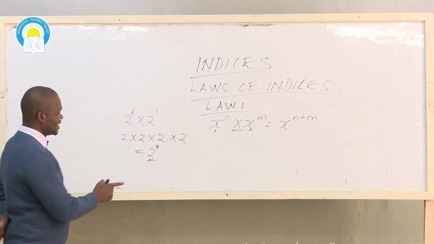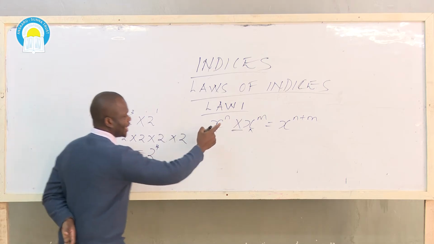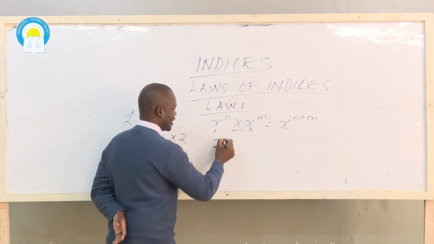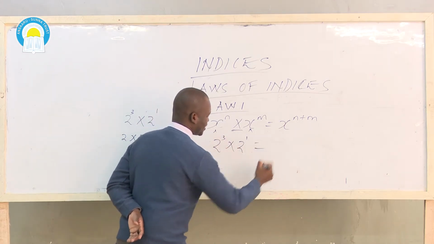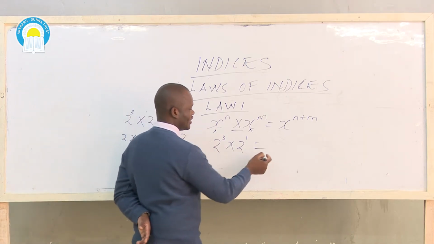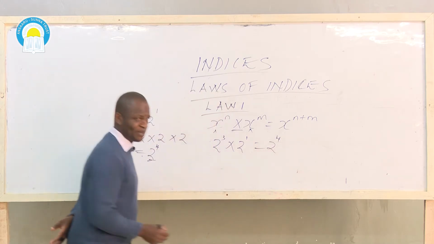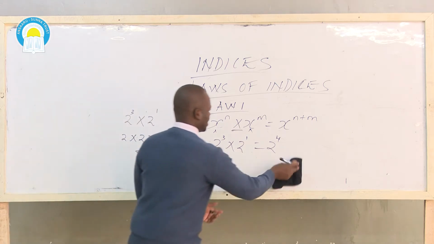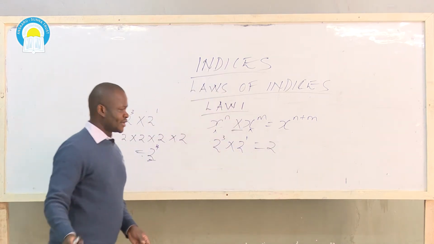Now we are saying this outcome can be achieved by simply applying that law, because we have the same base and we have multiplication. So having the same base and multiplying, we are saying you add the powers. Let me clearly outline the steps before I give the final result.